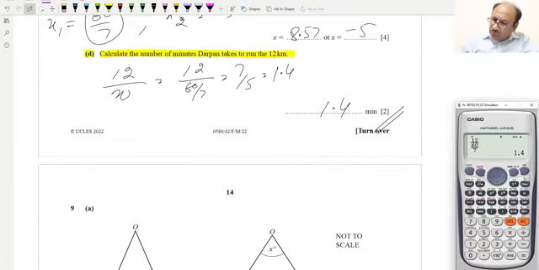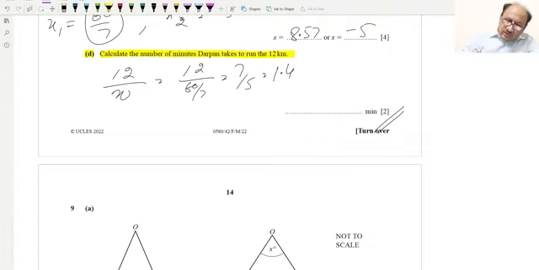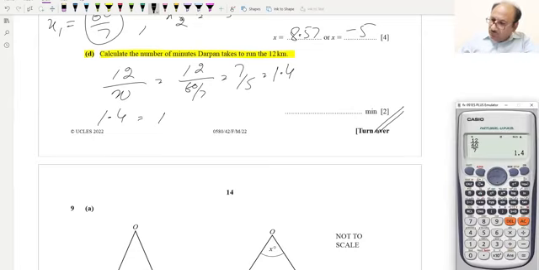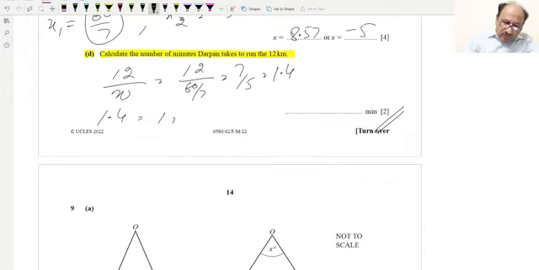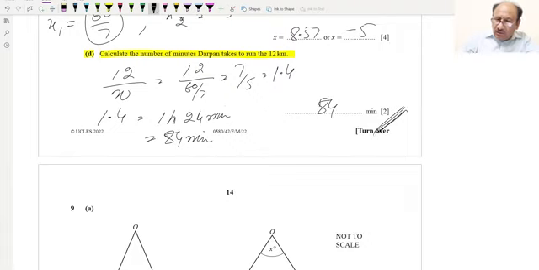So we can write 1.4 as 1 hour and 60 into 0.4, and we can convert using this button, so this will be 1 hour and 24 minutes. This is equal to 60 plus 24, which is 84 minutes. Basically, 84 minutes will be our final answer for this question.